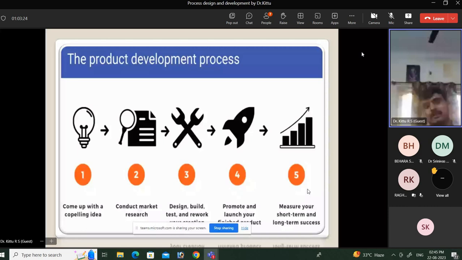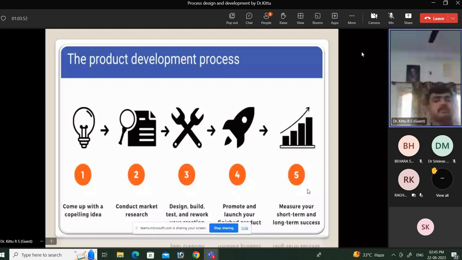Then the third stage is you go to design, test and build, and rework again on the idea you generated. You can conduct market research, you will get so many inputs, and you identify the findings drawn from your market research.